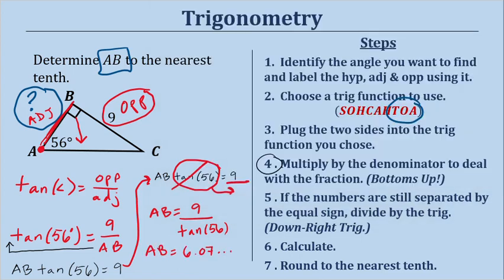And since trig problems are usually rounded to the nearest tenth, I only want one decimal place, which means I look at the number after that and I decide if it's more or less than 5. In this case, it's more than 5, which means I need to add 1 to the number that came before. So my answer is going to be that AB equals 6.1. And that's the length of that side on the triangle.